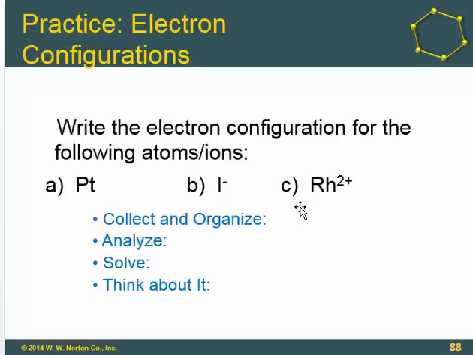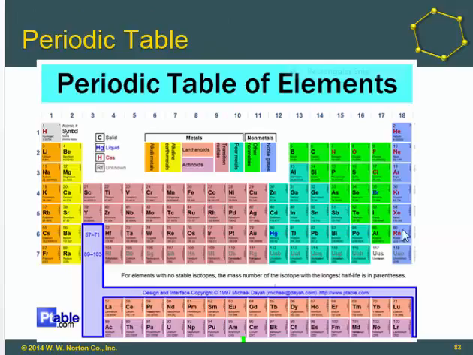Lastly, let's take a look at rhodium plus 2. Here's rhodium here, and since it's a transition metal and it has a charge of +2, those two electrons are going to come from the 5s orbital. So to apply the condensed electron configuration, I go to the period above the period that rhodium is in, which is the 4th period, and krypton, the noble gas in the 4th period, is going to take care of the electron configuration for my first 36.